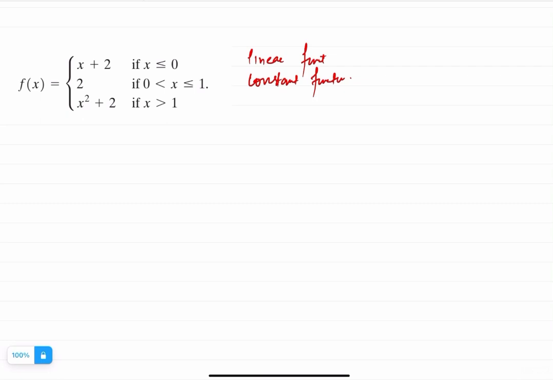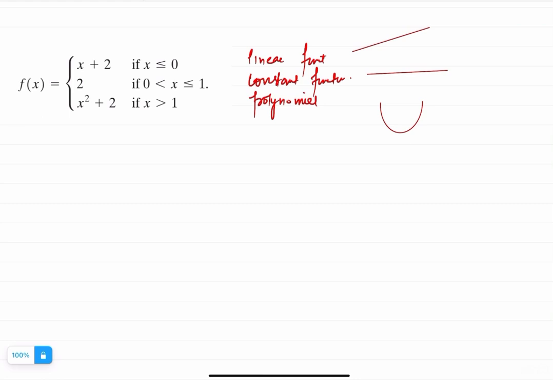The third part is x squared plus 2. We know this is a polynomial function. Linear is in the form of a line, constant is like this, and polynomial is like this. So each of the pieces is continuous in its domain.